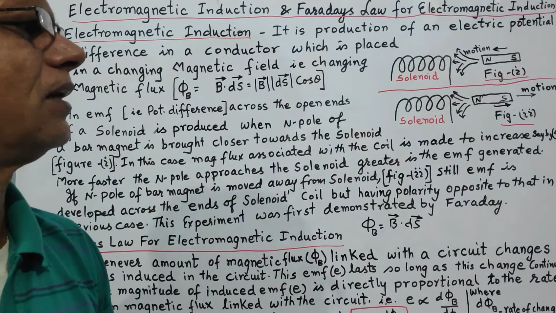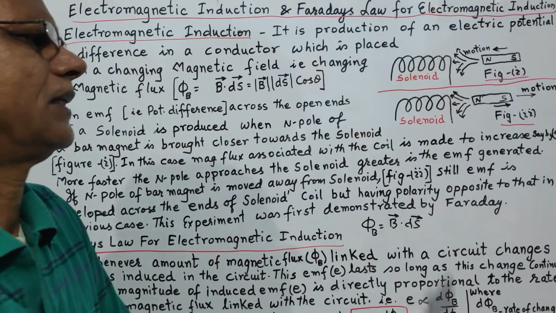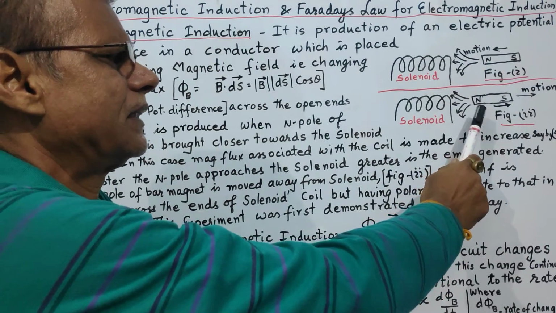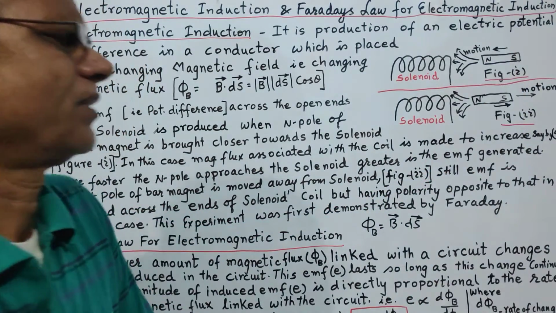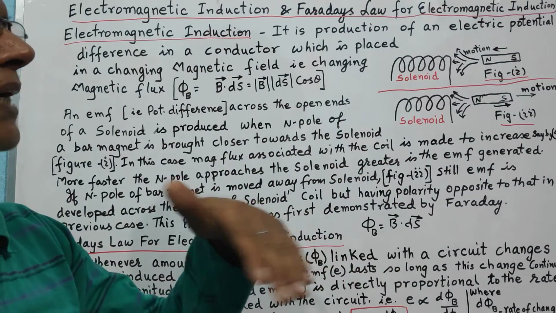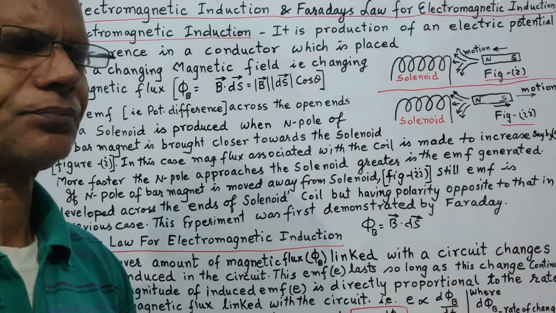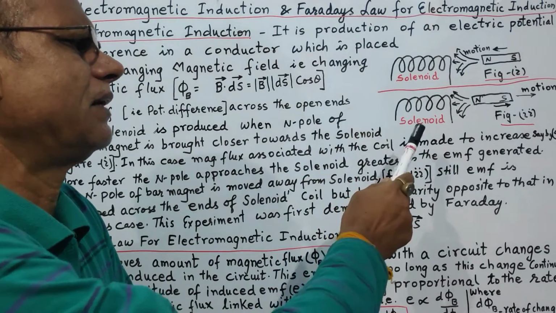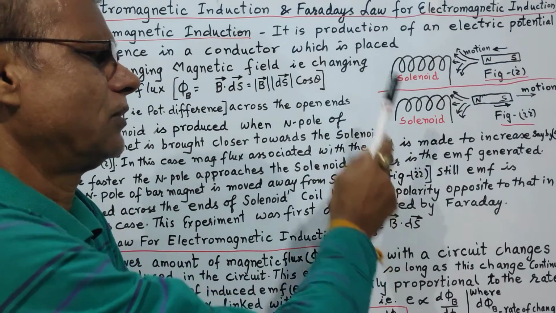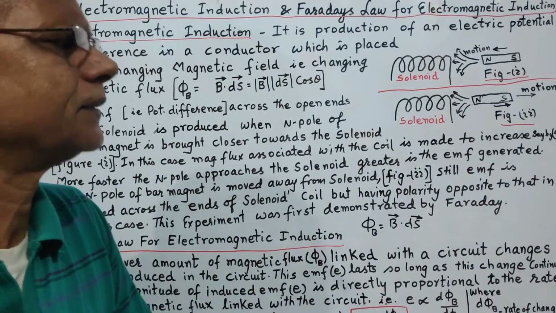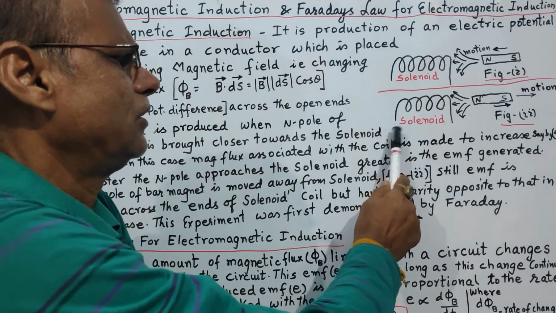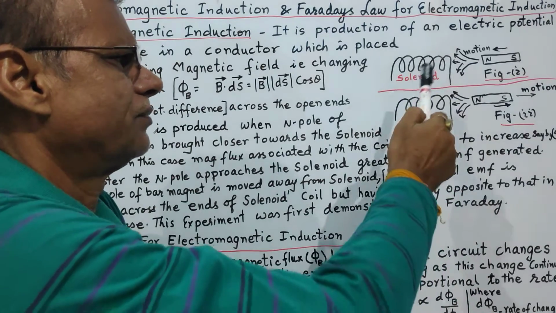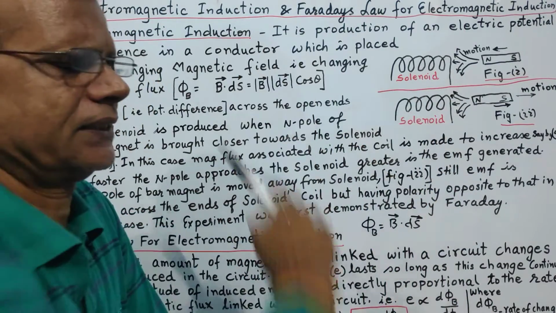Now if we think of something different, that we carry the north pole of the bar magnet away from the solenoid, that means the motion of the magnet is reversed, what happens? Again EMF is generated across the two ends of the solenoid, but in this case the polarity of the EMF generated is just the reverse of that in the first case.